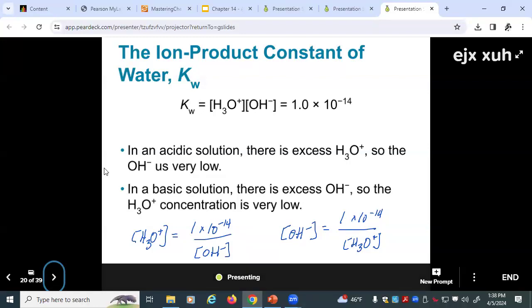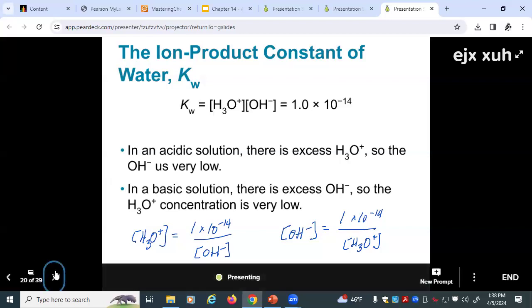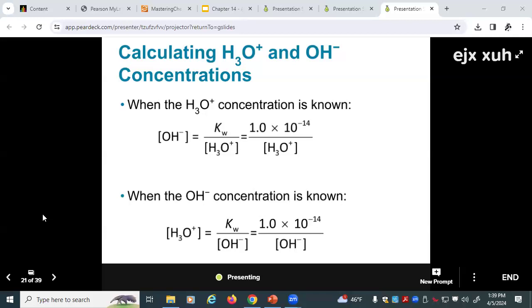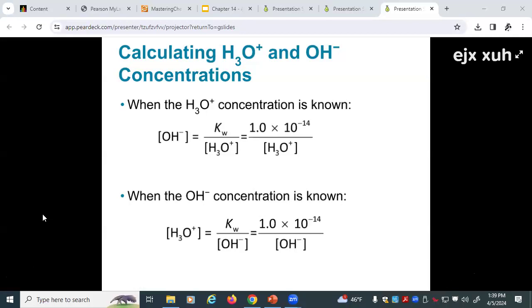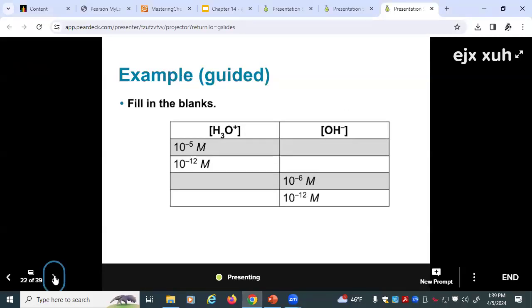There is a definitive relationship between these two concentrations. And with Kw, we know what the relationship is, and we can calculate to figure out what we don't know. So all this is showing is exactly what we just put on the last slide. Just how to manipulate this algebra to give us the relationship between the two concentrations.